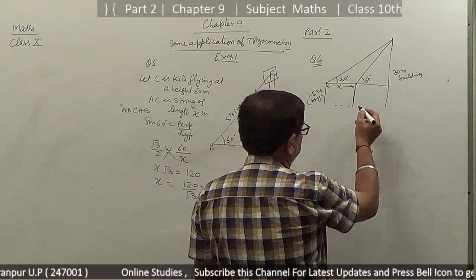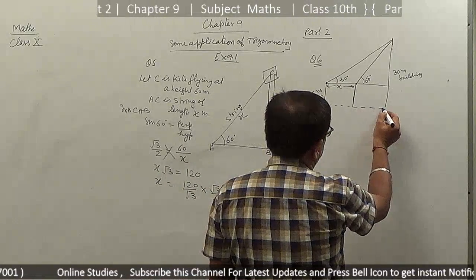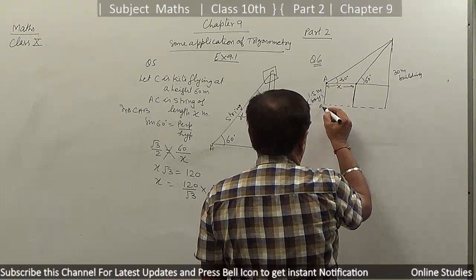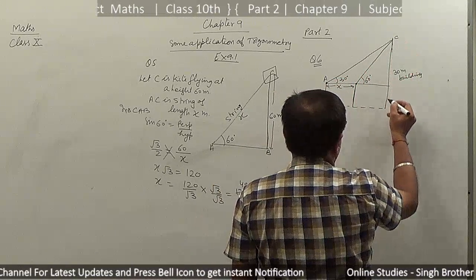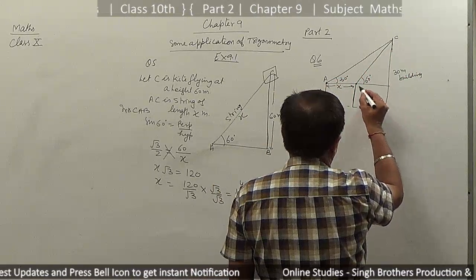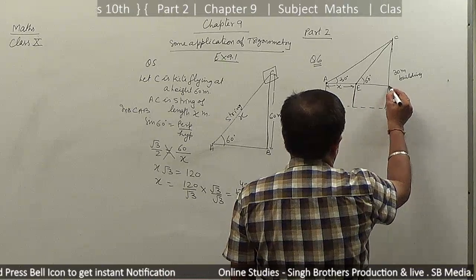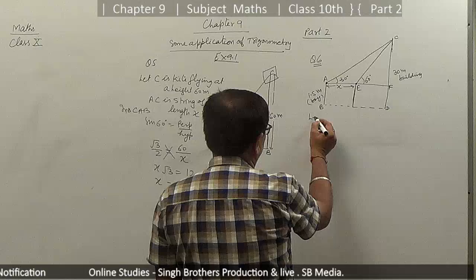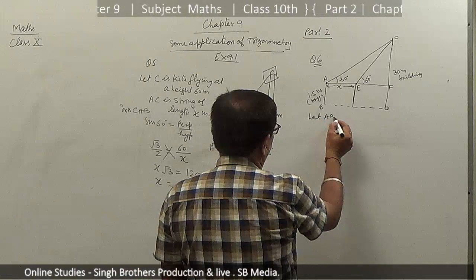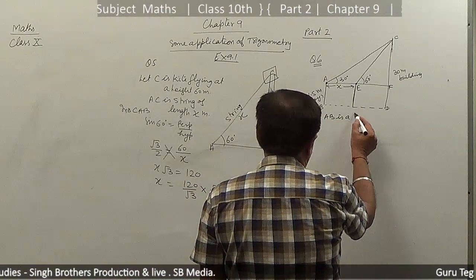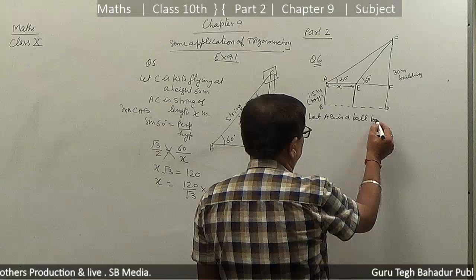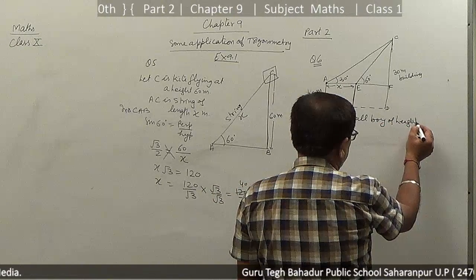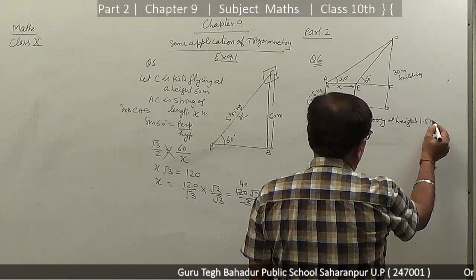So, taking AB, CD, EF, let AB be a tall boy of height 1.5 meter.